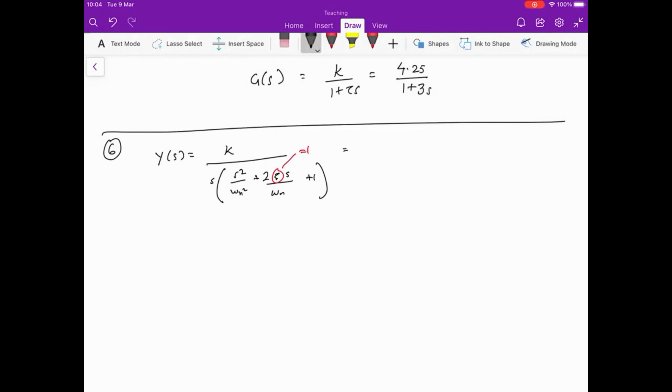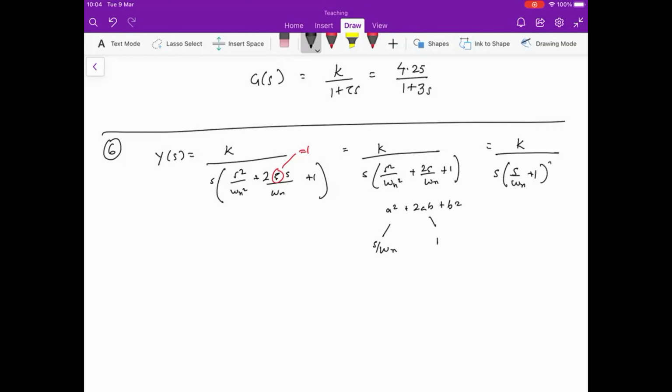So this just becomes k over s squared over omega n squared plus 2s over omega n plus 1. If you look at this, it is basically of the form a squared plus 2ab plus b squared, where a is s over omega n and b is 1. So this is a perfect square, k over (s over omega n plus 1) squared.